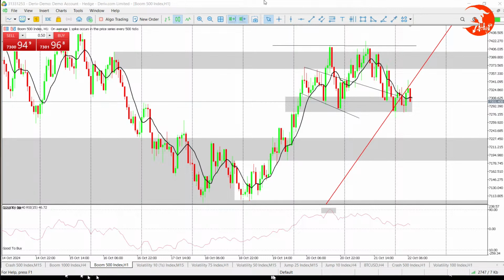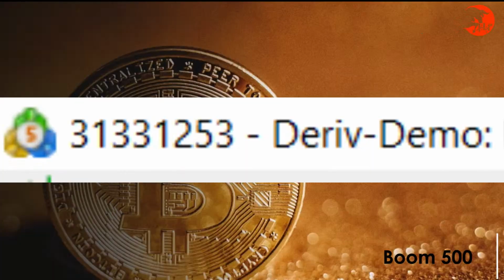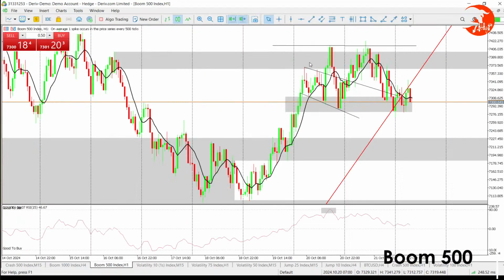Okay, so Boom 500. Yesterday, this was a falling wedge, and looking at what it gave us here, this was a move that brought us into consolidation.